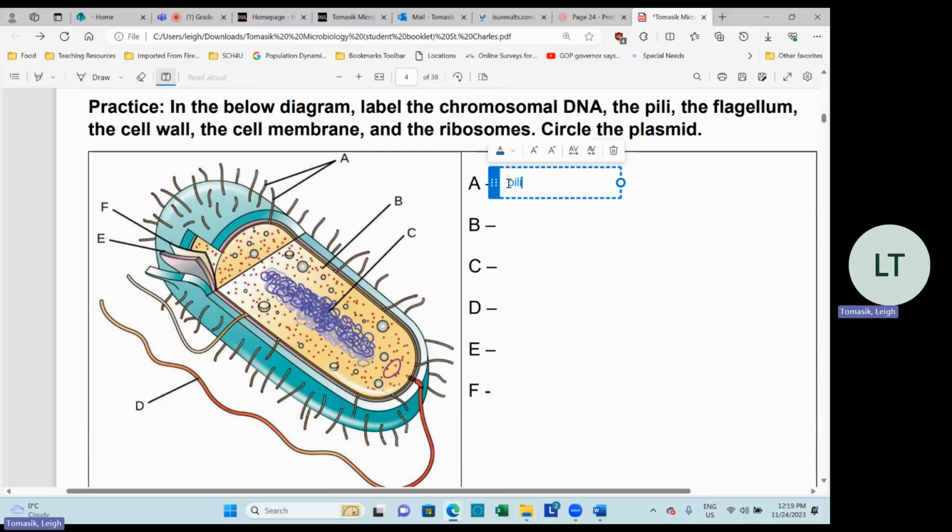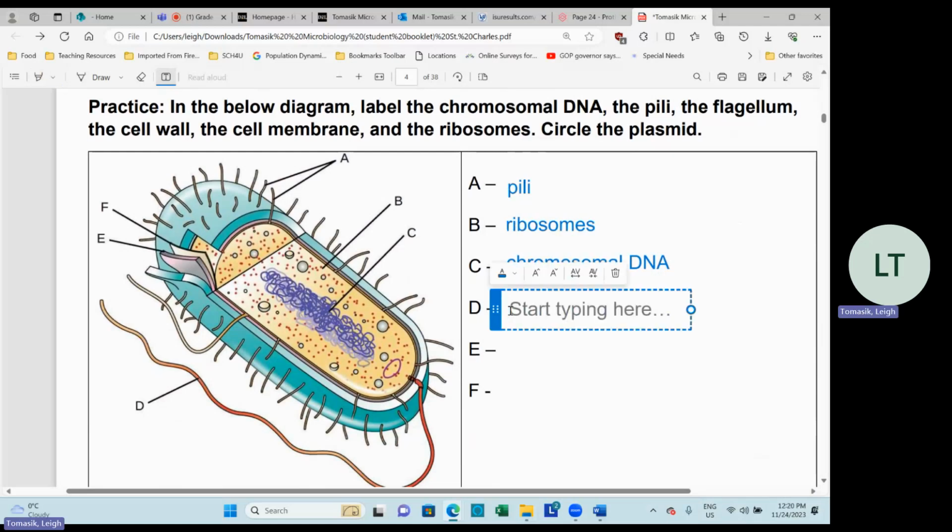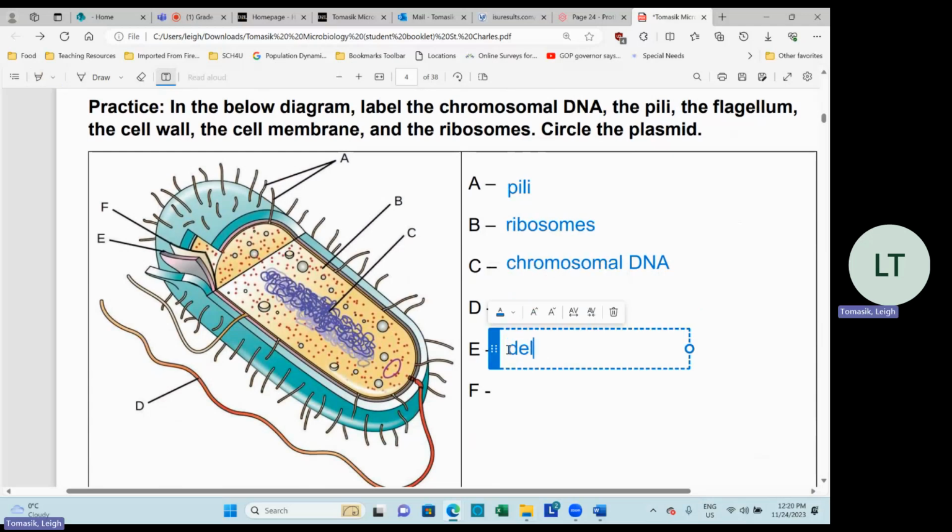A are pili. Let me make that bigger. B are ribosomes. C is the chromosomal DNA. D is the flagellum. E is the cell wall. You can tell it's the cell wall and not the cell membrane because it's thicker and it's outside.